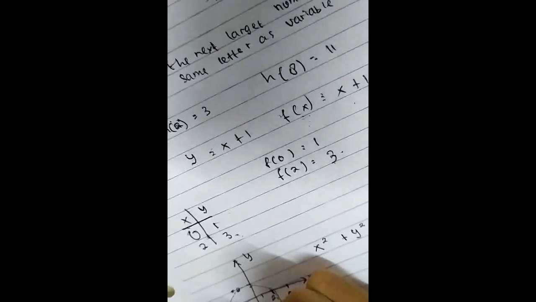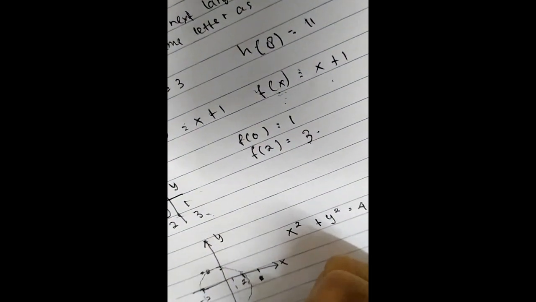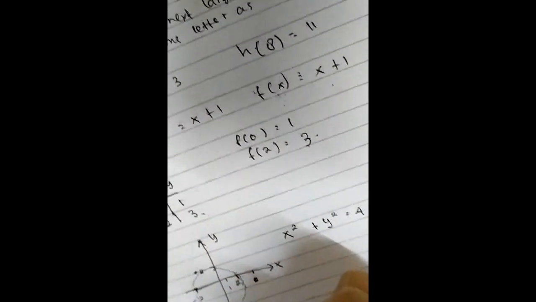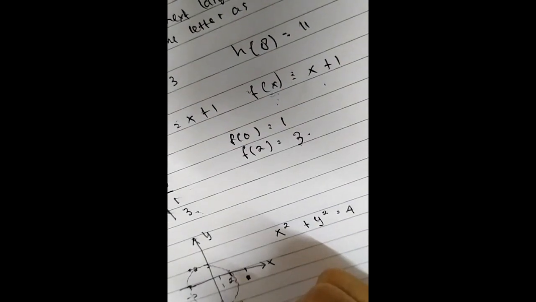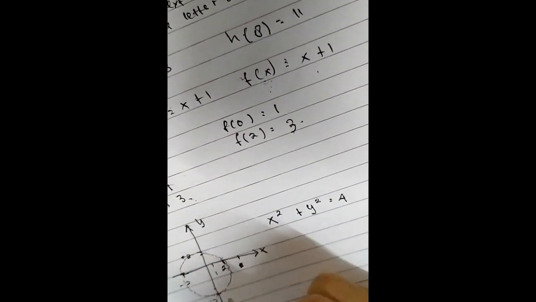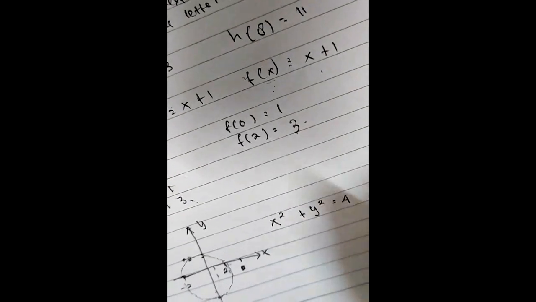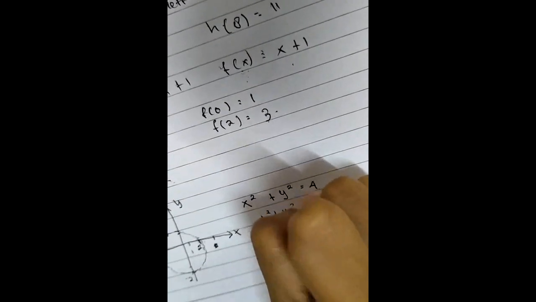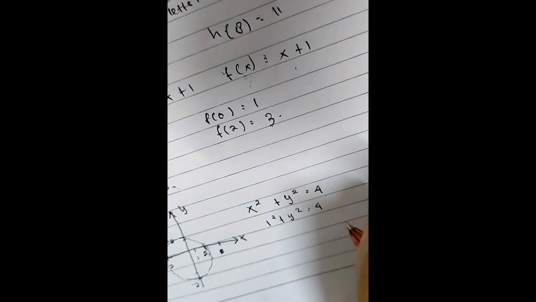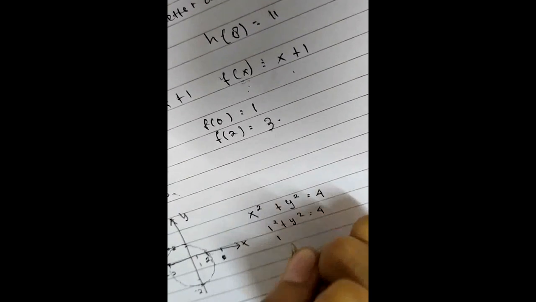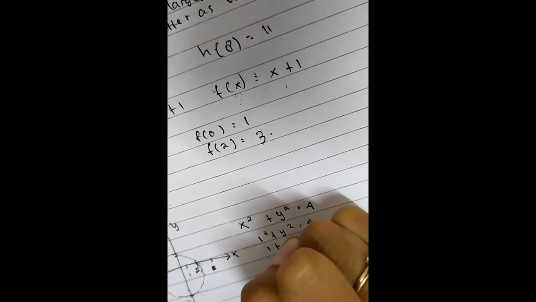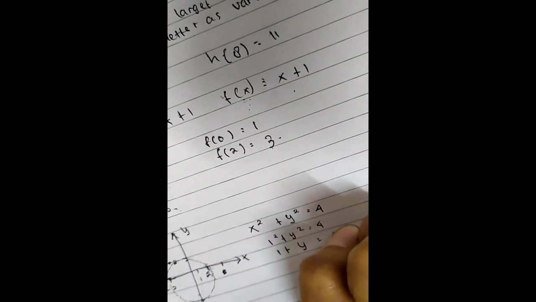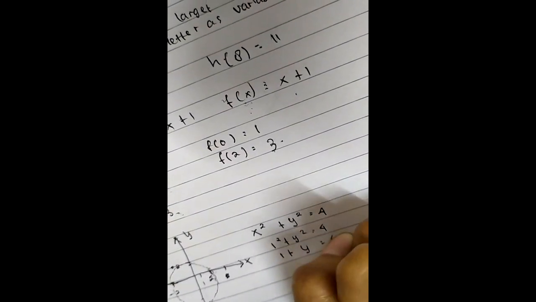When x is equal to 1, we get 1 squared plus y squared is equal to 4.